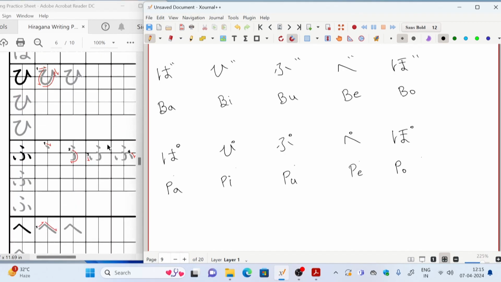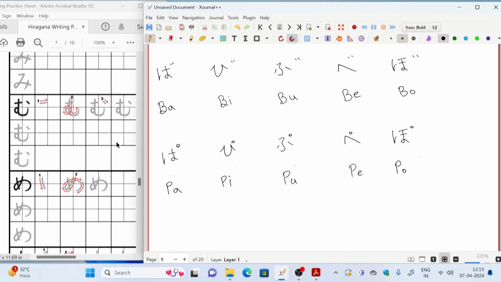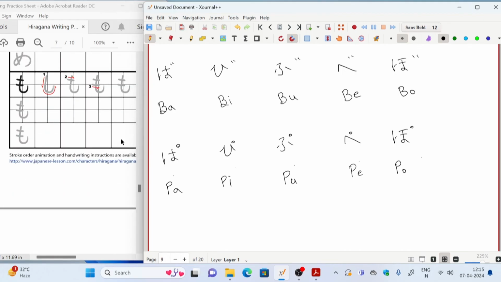So this is how the sounds in Japanese language change, and we can make more hiragana using ten and maru like this.